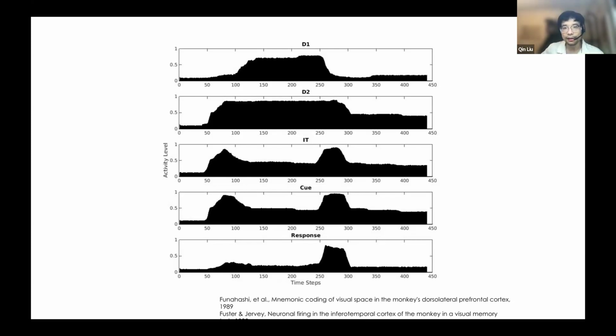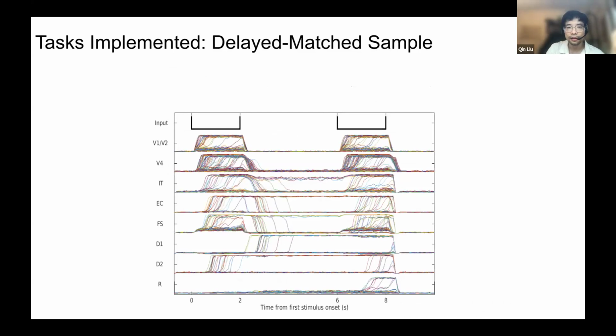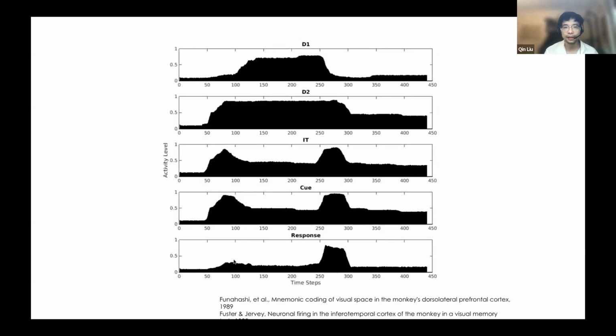And these data are from the delayed match to sample task performed by monkeys. And this is the simulated data from my own model. So you can see the D1, D2 simulation data generally matched the experiment data I showed here.